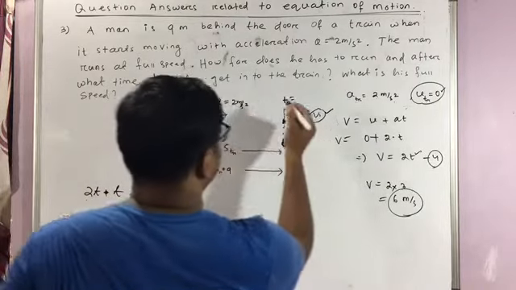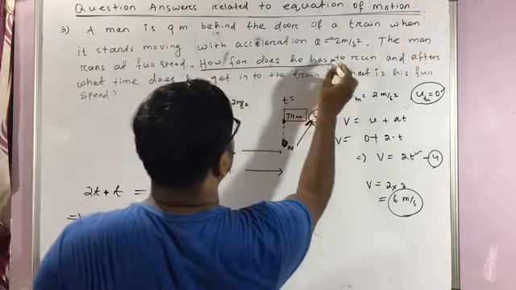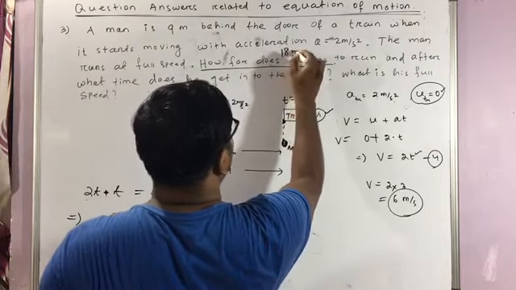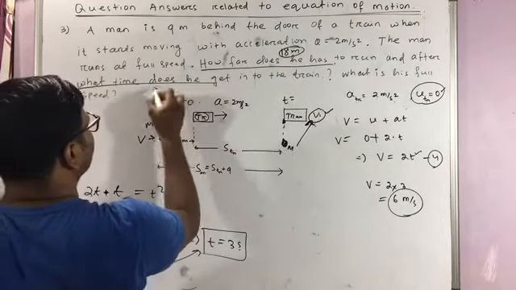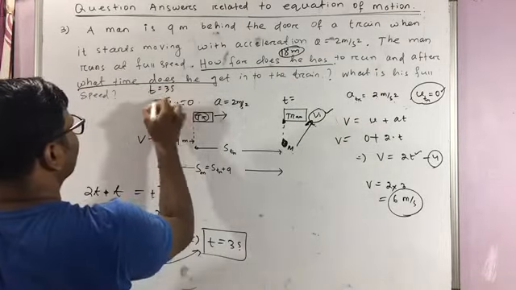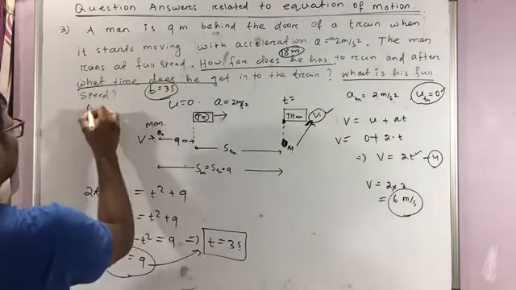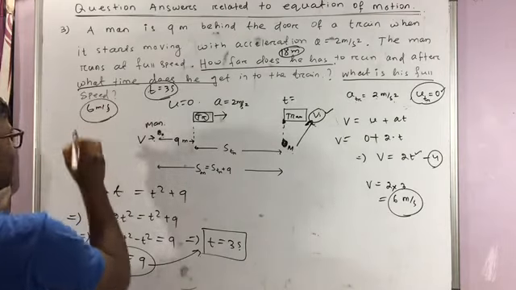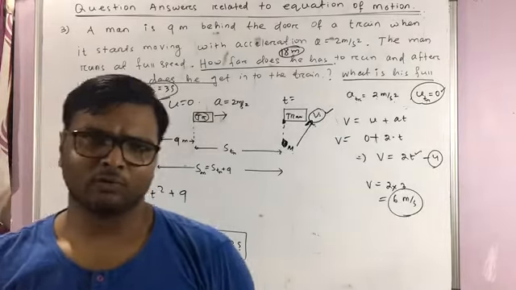How far does the man run? 18 meters. After what time? t is equal to 3 seconds. And what is the full speed? 6 meters per second. This is the approach to the question you need to follow. Thank you, students.